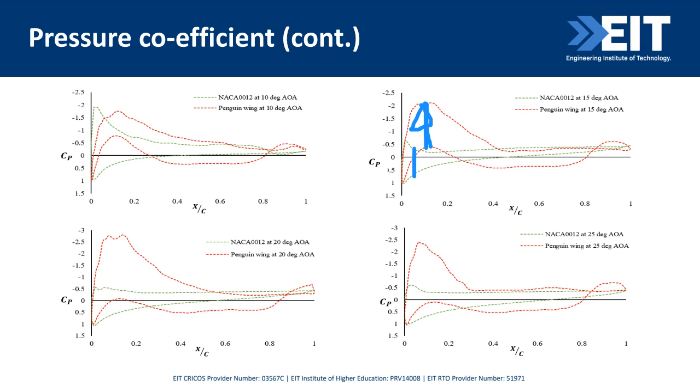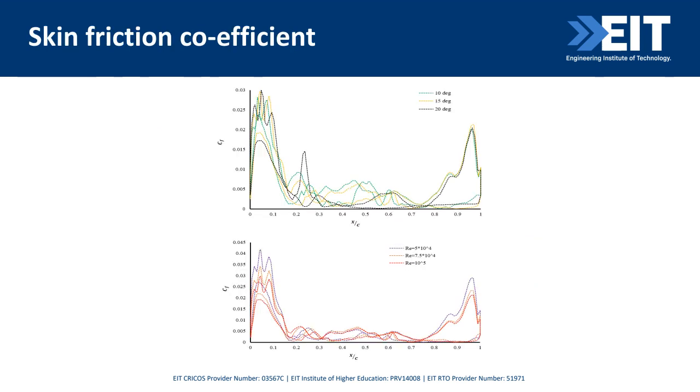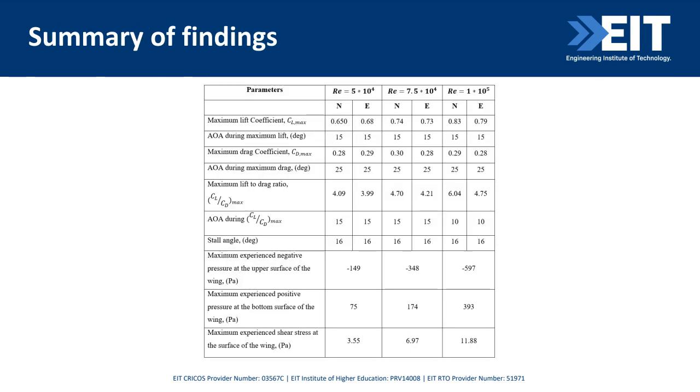In the case of the penguin wing, the difference is quite high for every angle of attack. Compared to the NACA aerofoil, the penguin wing is showing more promising results. So that's how we did it, and these are the summary of all the results.